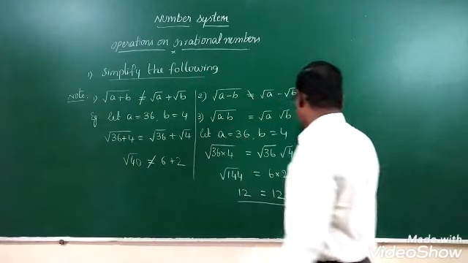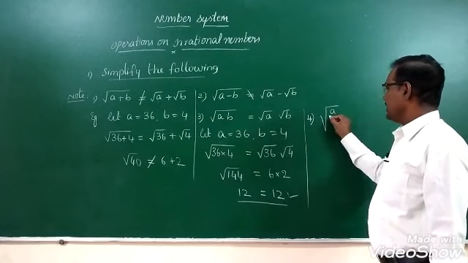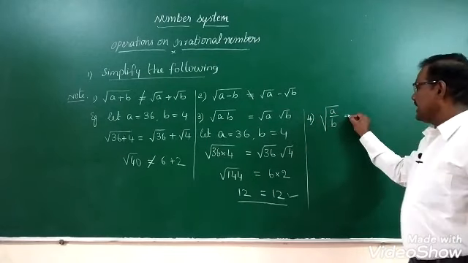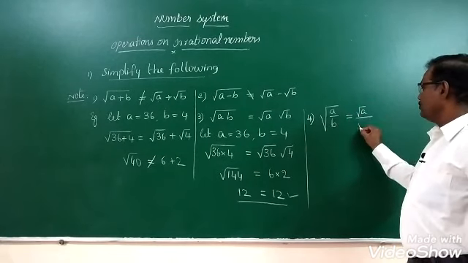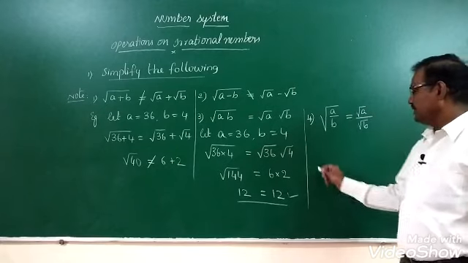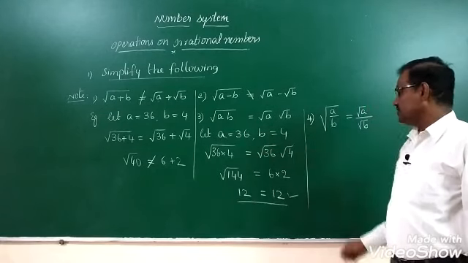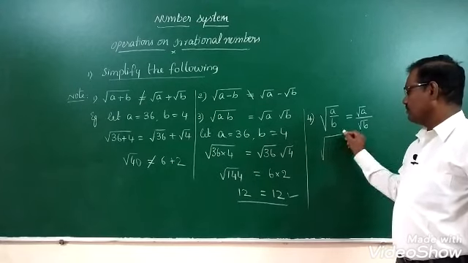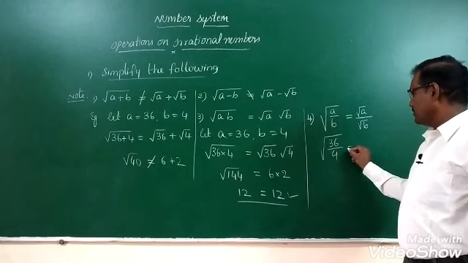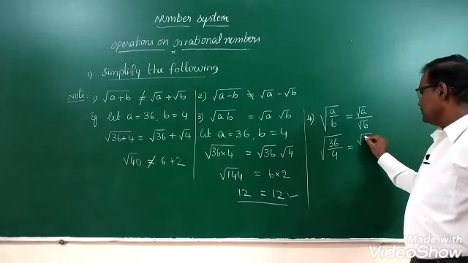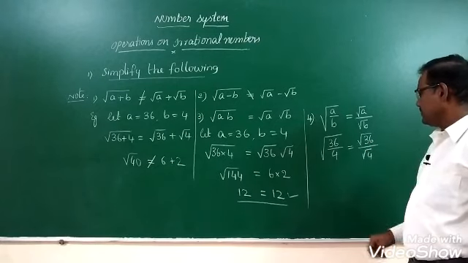Similarly, fourth one, root of a by b can be written as root a by root b. We can take the same example here: root of 36 by 4 equals root 36 by root 4.